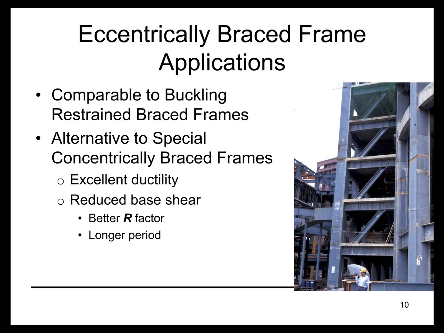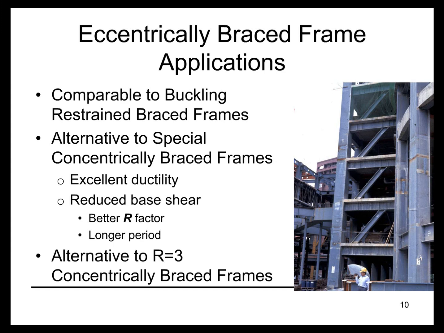The eccentrically braced frame has excellent ductility. It has a somewhat better or higher R factor than the special concentrically braced frame, and it also has a longer period, and that's reflected in the approximate period that's used in the code equations.